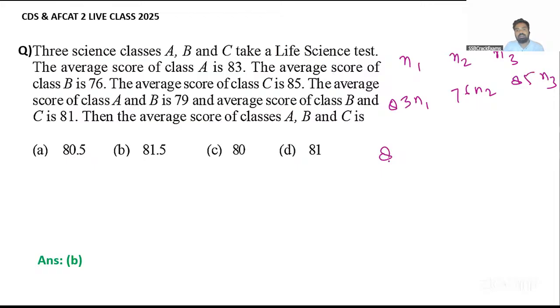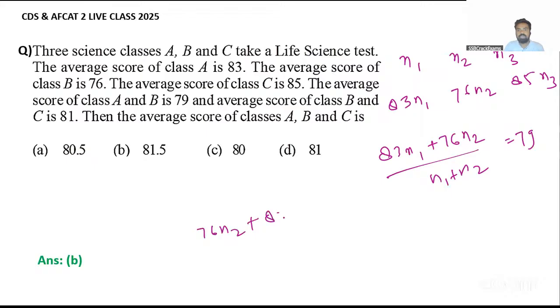Now (83 N1 plus 76 N2) upon (N1 plus N2) is equal to 79, and (76 N2 plus 85 N3) divided by (N2 plus N3) is equal to 81. So we need to find N1 plus N2 plus N3. How will I do that? That is the problem.